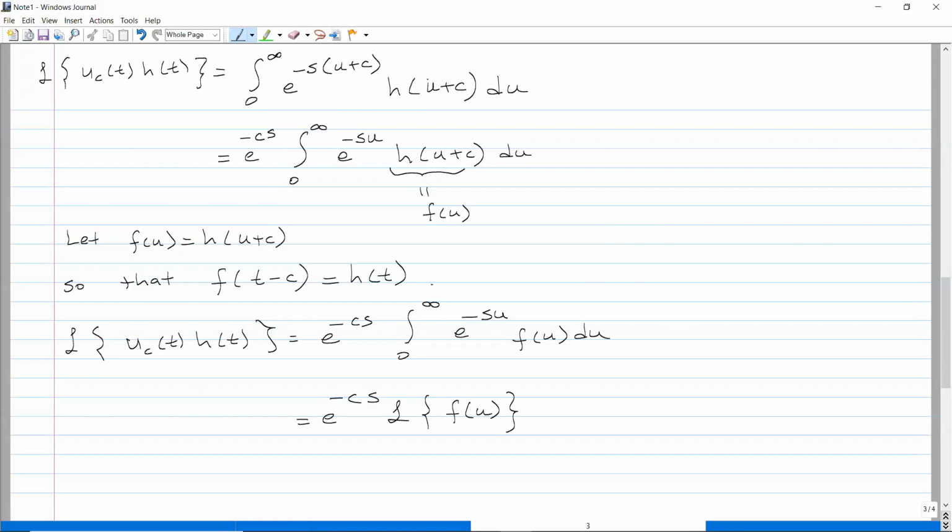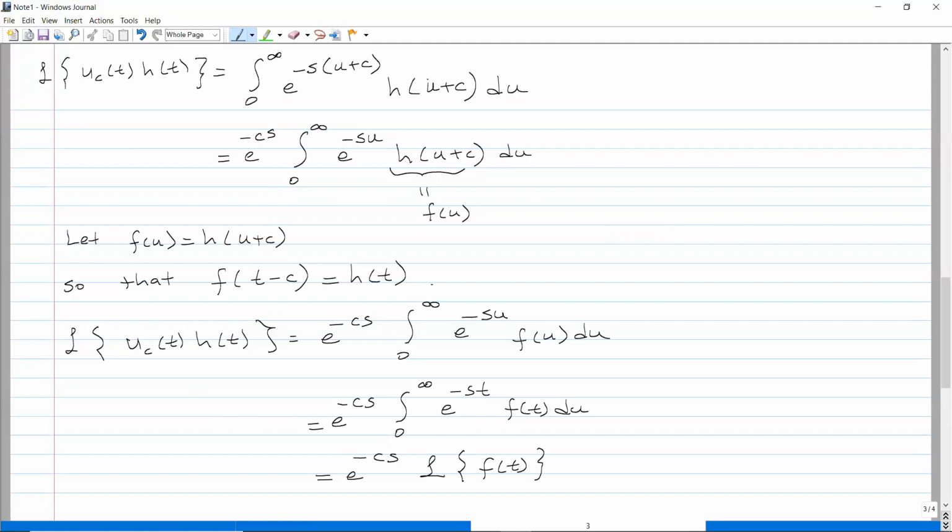It's just a name, all right? It's just the variable we use for the integration. So instead of u, I can also use t. There's nothing against it. So I'm changing my variable again. I can think of this as just the Laplace transform of f of t.